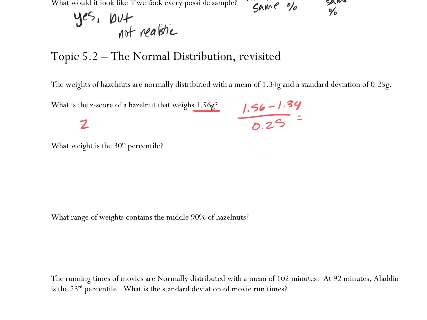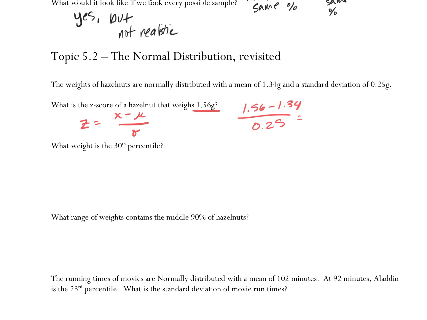So a reminder, the formula for z-score is the observed value minus the mean divided by the standard deviation. Mean is mu, right? Mm-hmm. The population mean is mu.